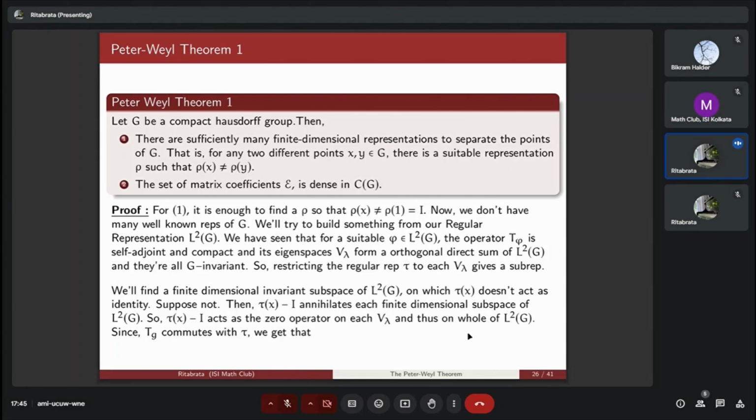This is from the spectral theorem, and they're all G-invariant because they're eigenspaces of G-linear morphisms. So restricting the regular representation to each such eigenspace V lambda gives us a subrepresentation. We'll find a finite dimensional invariant subspace of L2(G) on which tau x doesn't act as the identity. This will prove this.